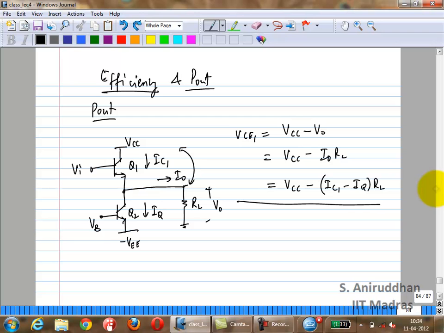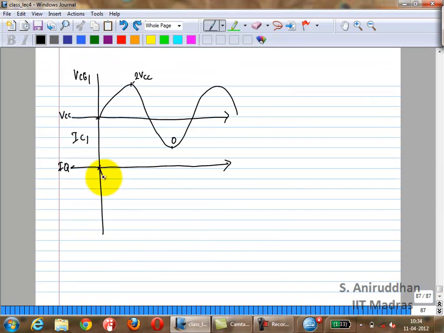So it will be 180 degree phase shifted. Your I out curve is going to look like this. Sorry, this is IC1. The IC1 curve is going to look like this. This is IQ. This will be 2 IQ. This will be 0 in the limiting case. Is that okay?